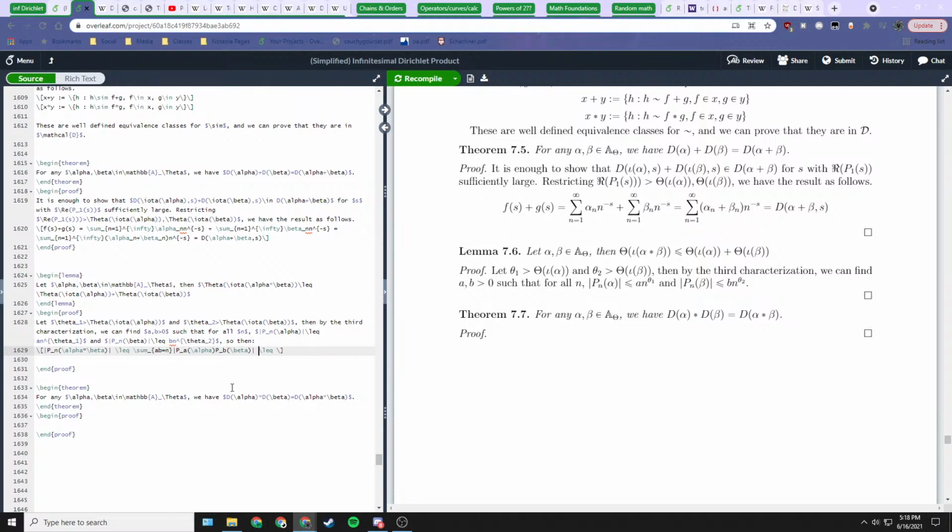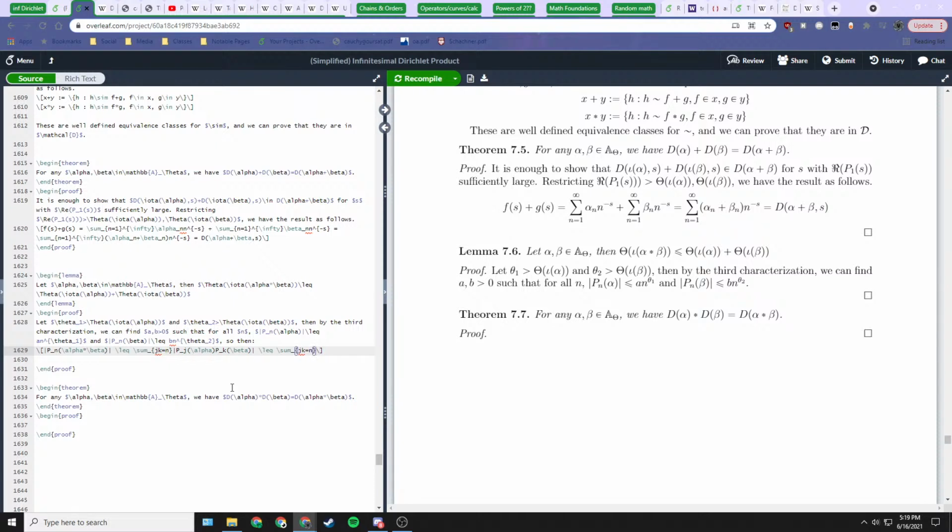Then this is bounded by, we still have the summation, but then for, oh, we don't want to do this, do we? Let's do JK equals n, because we're already using A and B.